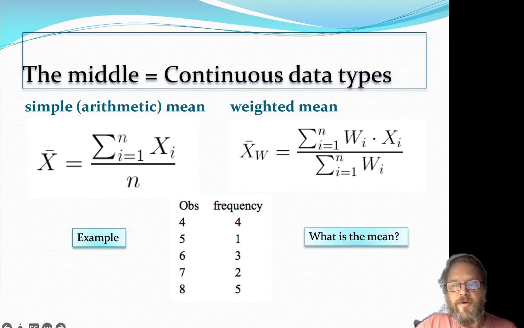Add that up with 1 divided by 15 times 5. 3 divided by 15 times 6, and so on. And then sum up the weights, which of course should equal 1. And we'll get our weighted value. And it should be the same thing, right? Okay.